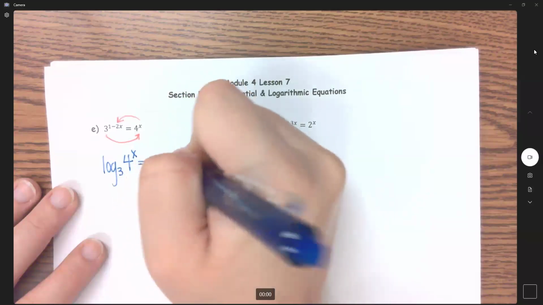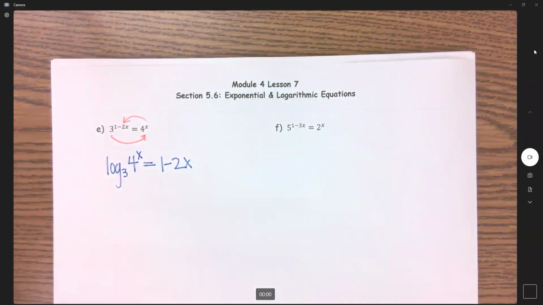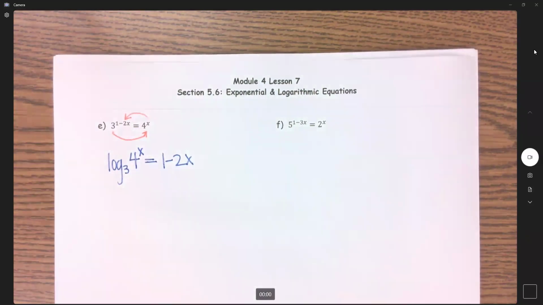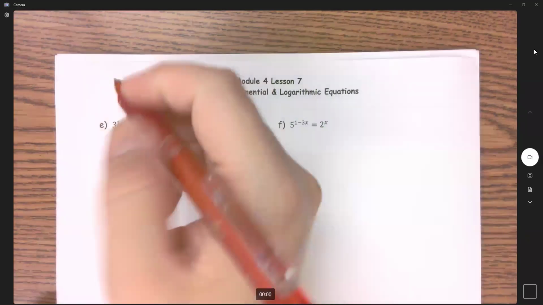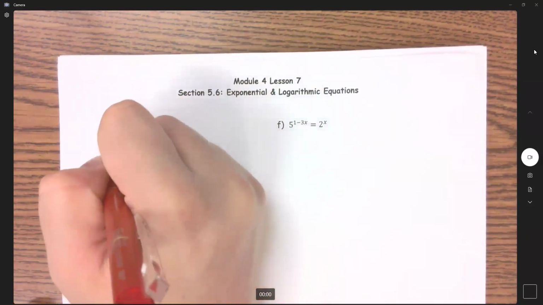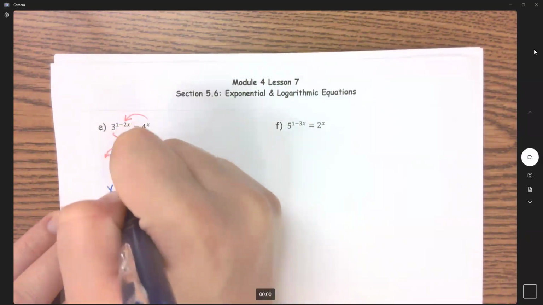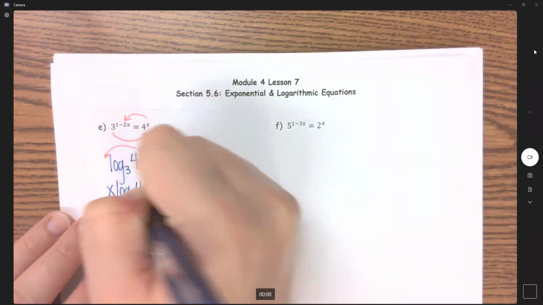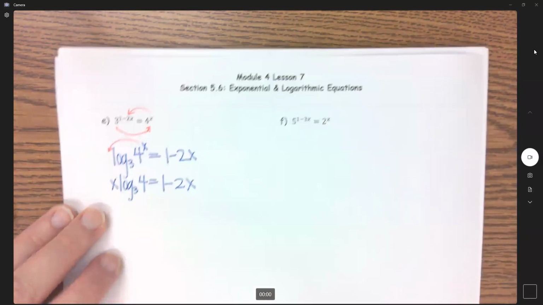So 1 minus 2x. So now I need to solve for x, and I have x on both sides of my equation. So the first thing I'm going to do is this x in this exponent position does me no good. So I'm going to move this x to the front, and we have x log base 3 of 4 equals 1 minus 2x.